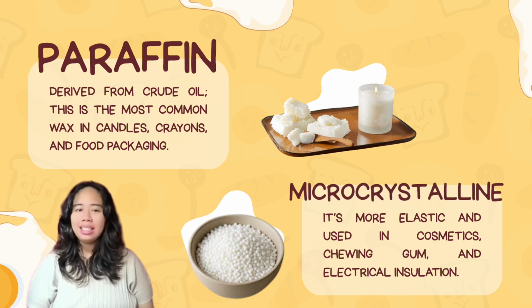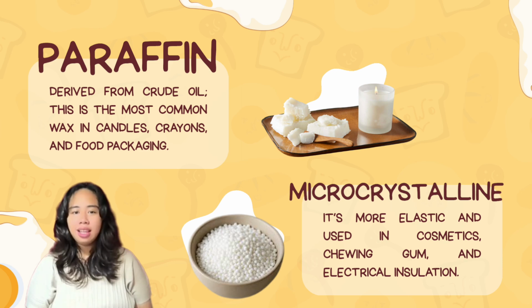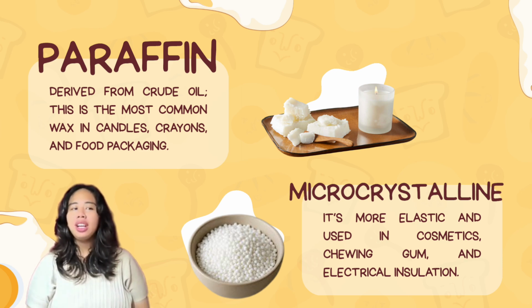Paraffin wax is derived from crude oil. It is commonly used for candles, food packaging, and crayons. Microcrystalline wax is also petroleum derived but with a finer crystal structure. It is more elastic and also used in cosmetics, chewing gum, and electrical insulation.